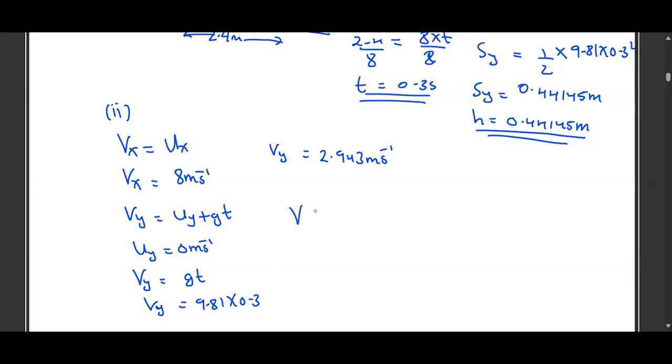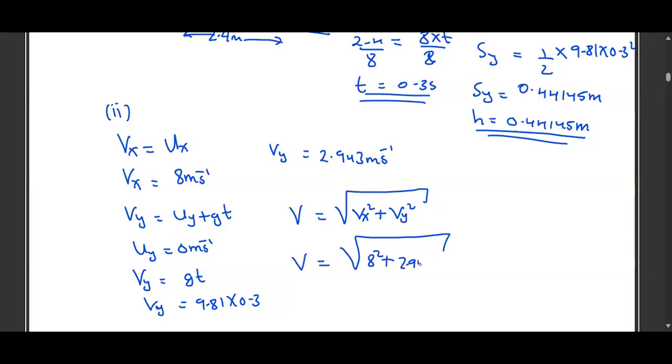Now our V, that is the resultant velocity, is going to equal the square root of Vx squared plus Vy squared. So V is the square root of 8 squared plus 2.943 squared. We use our calculator to find the answer.